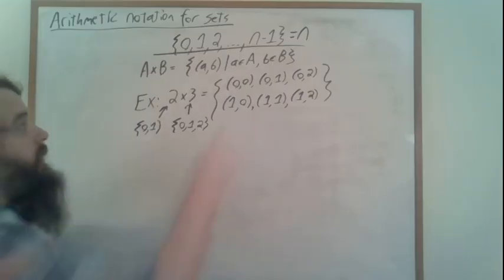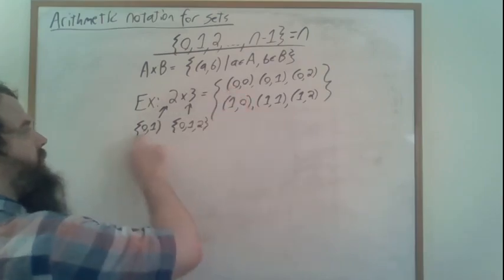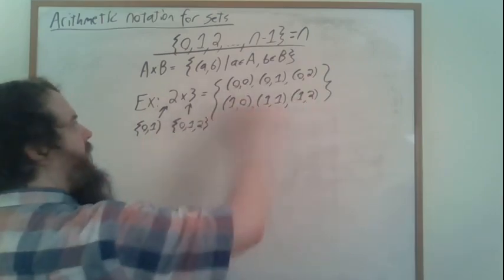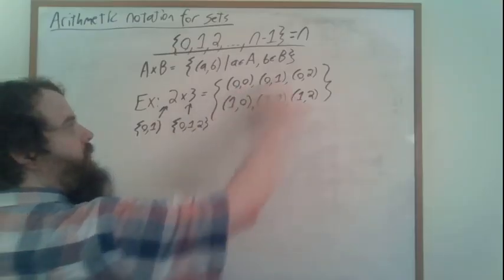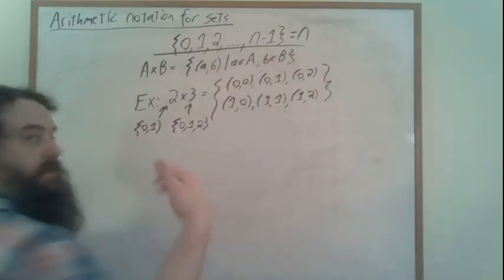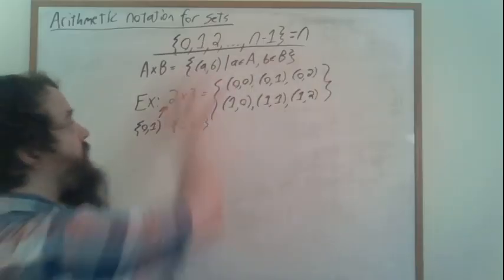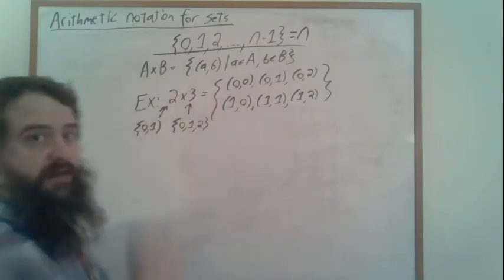And so what we're looking at here is the set of all pairs where the first element is something from the set 0, 1, and the second element is something from the set 0, 1, 2. And we see that the size of this set here is 6. The size of the cross product is the product of the sizes of the original sets.